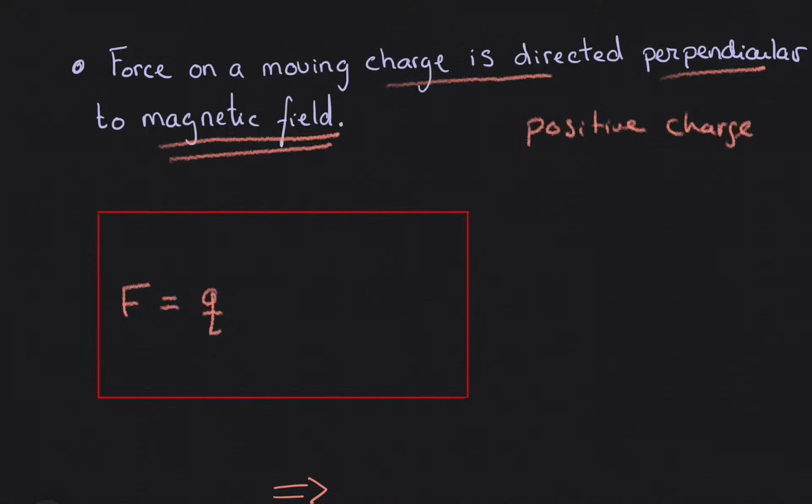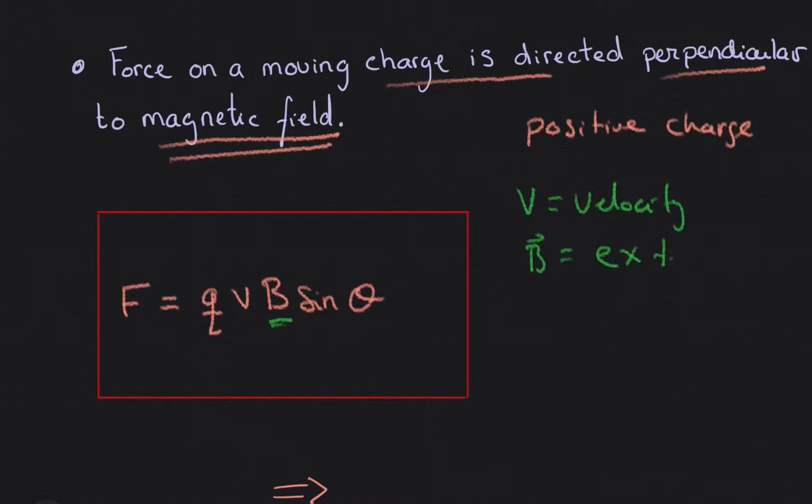Then we have Q V B sine theta. Here V is the velocity of the moving charge, and B is the external magnetic field.